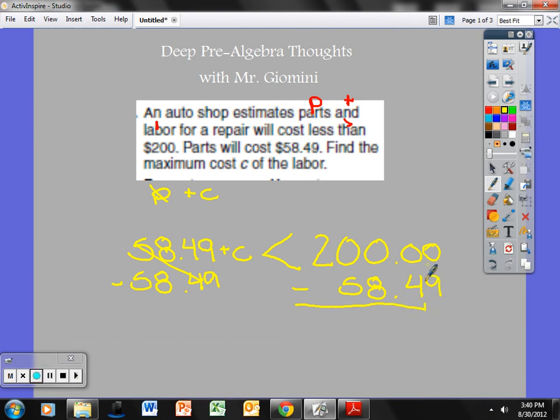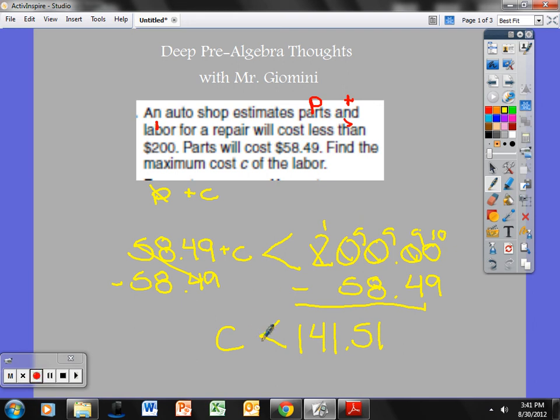So I subtract, so the cost of labor is going to have to be less than, let's see here, that's 10, this becomes a 9, this becomes a 9, this becomes a 9, because all these zeros, and this becomes a 1. 10 minus 9 is 1, 9 minus 4 is 5, decimal point, 9 minus 8 is 1, 9 minus 5 is 4, and 1 minus 0 is, I believe, 1. So the cost of the labor must be less than $141.51.